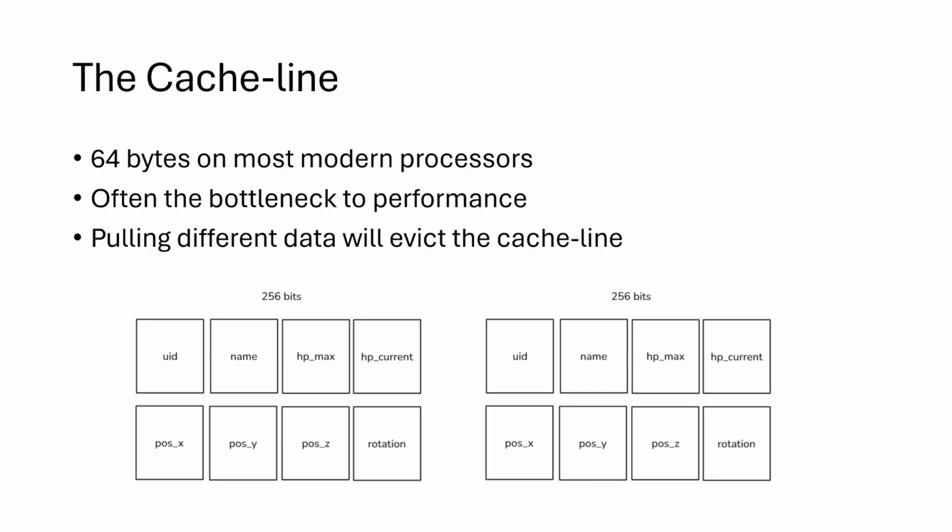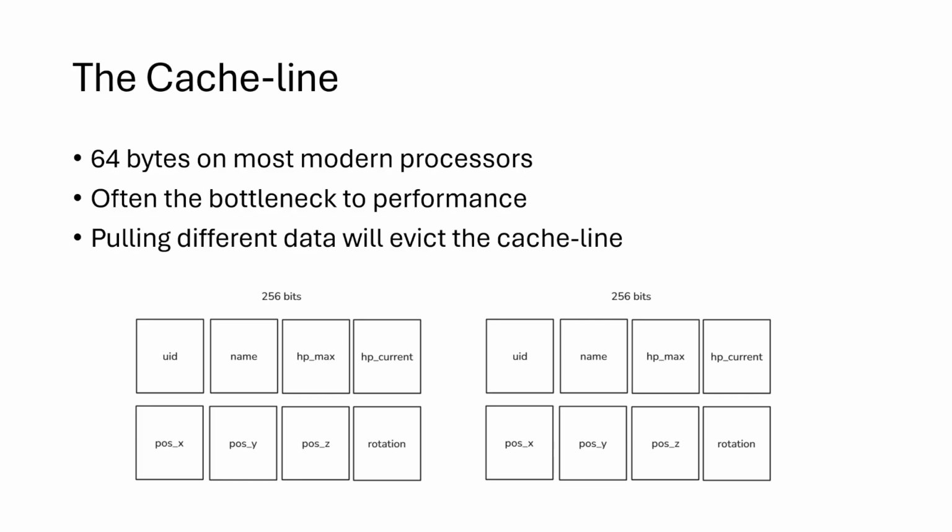So let's say we're operating on some goblins, and then we want to operate on something completely different, like a dragon, and it has a different set of structs. It's stored in a different place in memory. If it takes up too many bytes in memory, we will have to flush the entire cache line and reload it with new information.